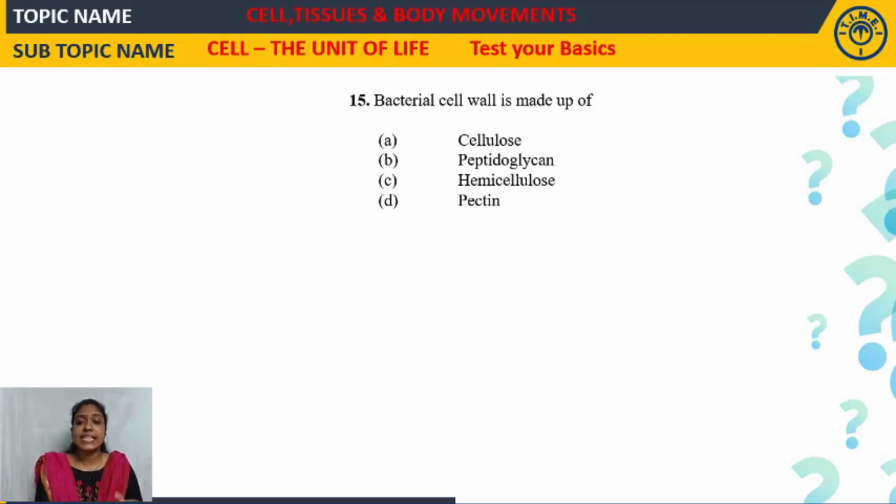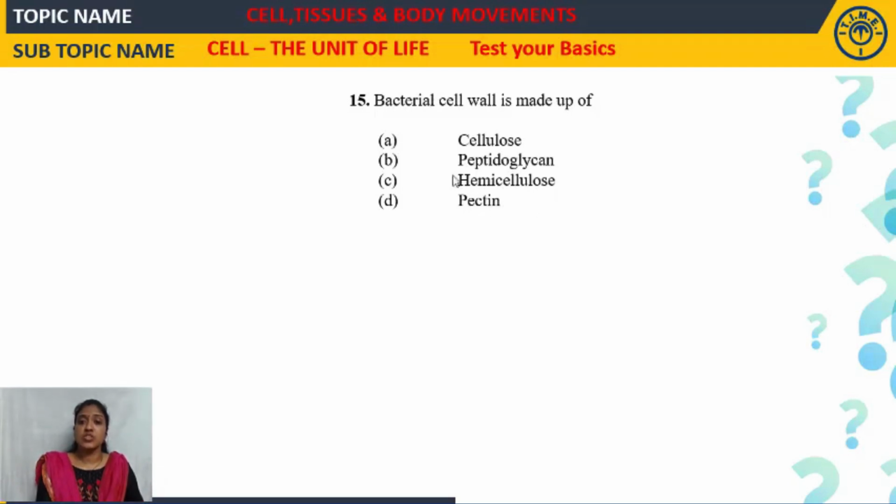Bacterial cell wall is made up of. So bacteria has a cell wall. What is the peculiarity of the cell wall? It is a rigid, non-living substance, the outermost boundary. For options, we can check A, cellulose, B, peptidoglycan, C, hemicellulose, and D, pectin.